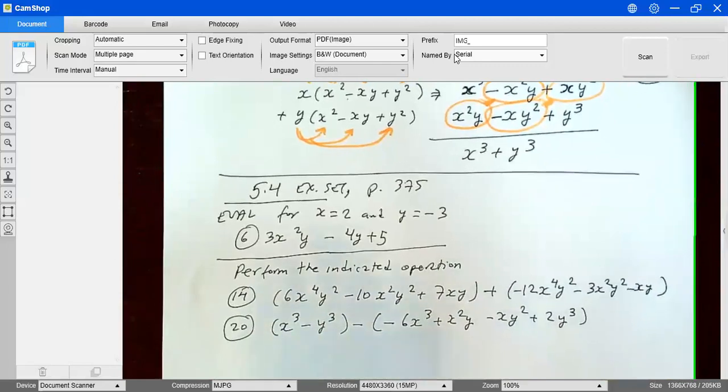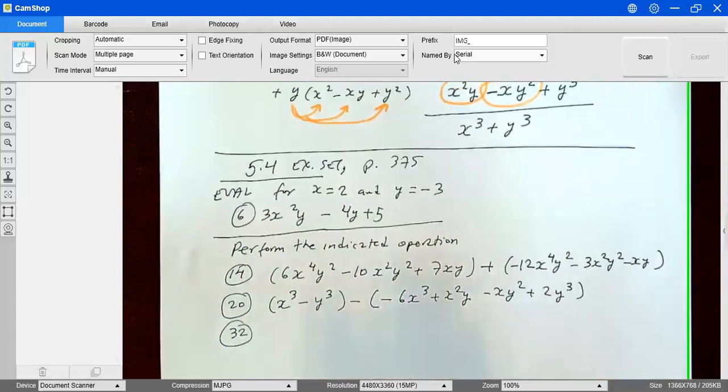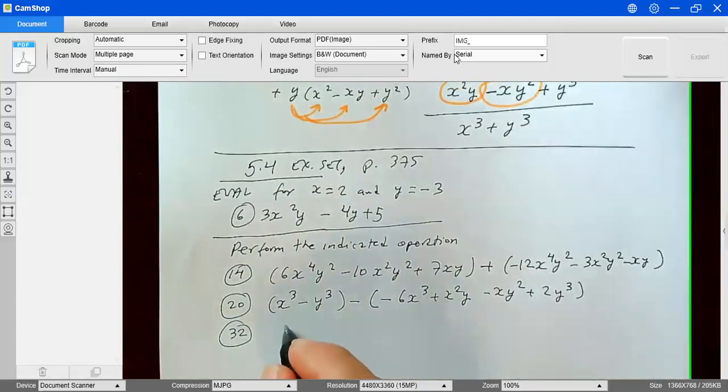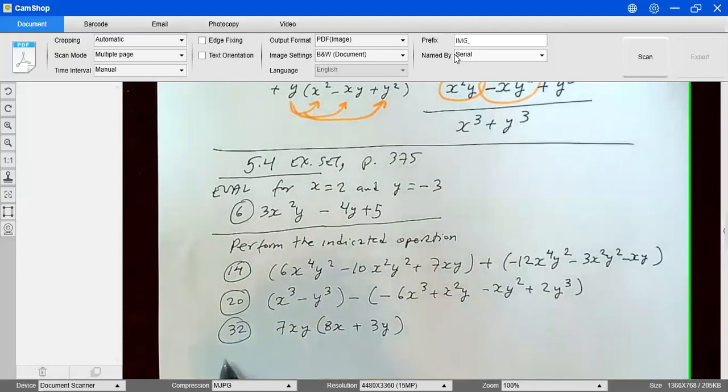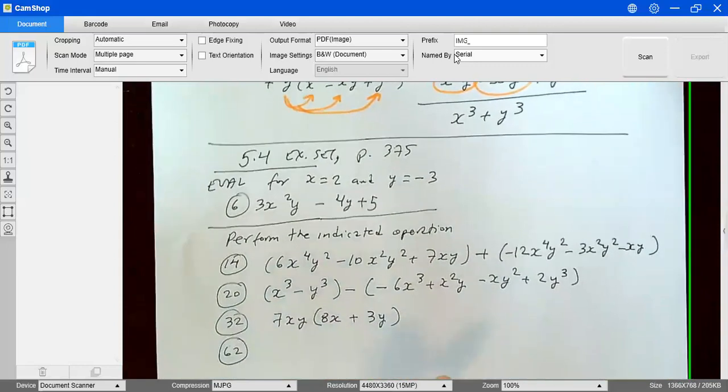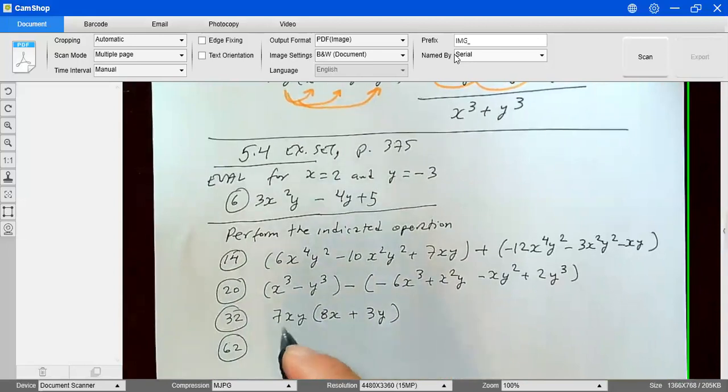Then we have two multiplications. So we have 32, which is just 7xy multiplying a binomial, ax plus 3y, and finally 62 is just another multiplication.